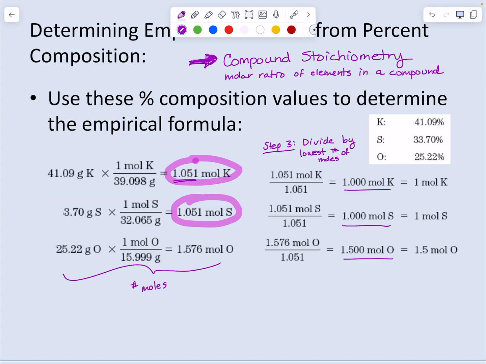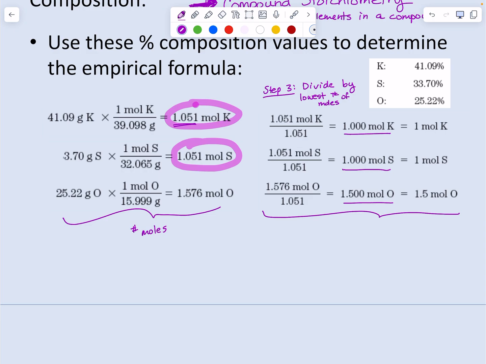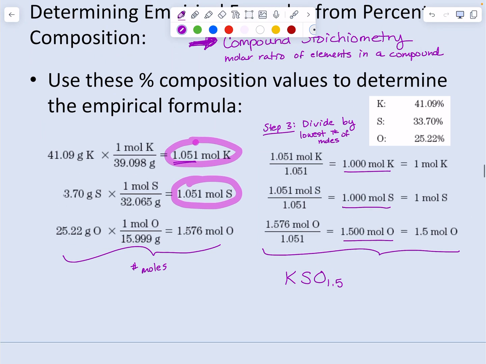Do we have 3 integers yet? No, we have 2 integers and 1 non-integer. So as of this point, our formula we could write as KSO1.5, but we cannot have half an atom. The easiest way to get everybody to an integer is to multiply by a number that will give you an integer.